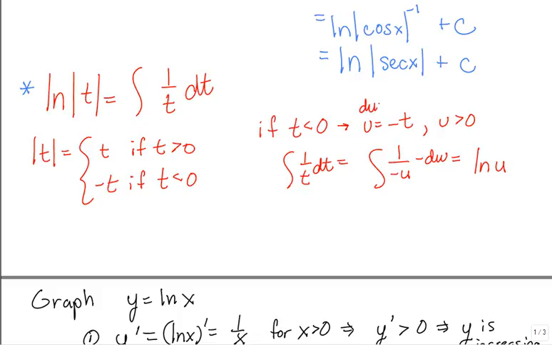Because du is negative dt, so we can substitute that in here. Which is, let's see, ln u.